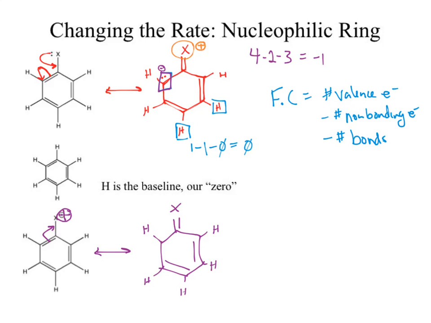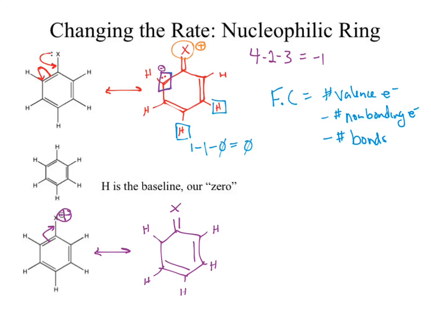Atom X started positive. The arrow did what? Added electrons. So if I'm positive and I add a negative charge from electrons, what happens? Goes neutral. Okay, so atom X is no longer charged.